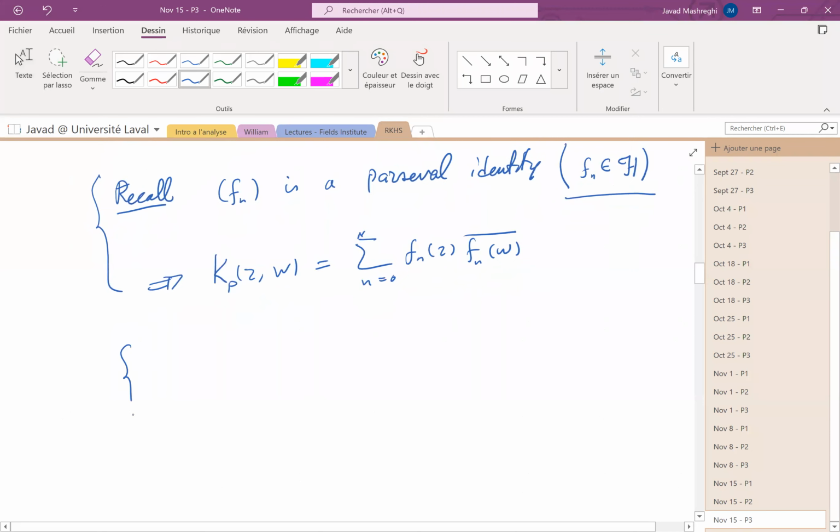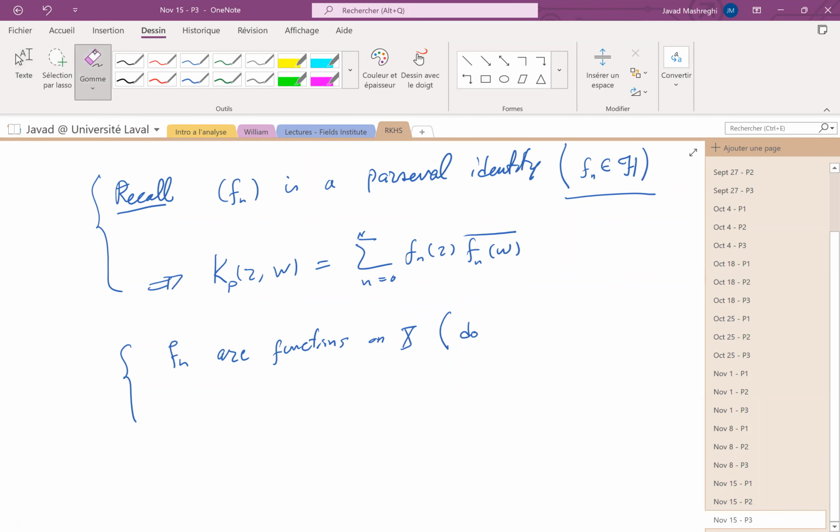We just say that F_n are functions on the space X. So we do not assume that; it's part of the conclusion.